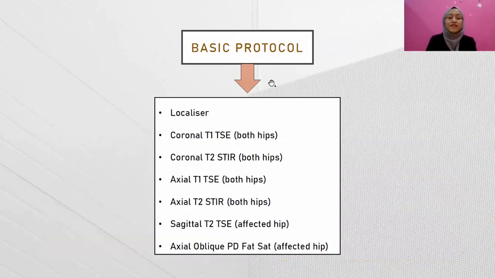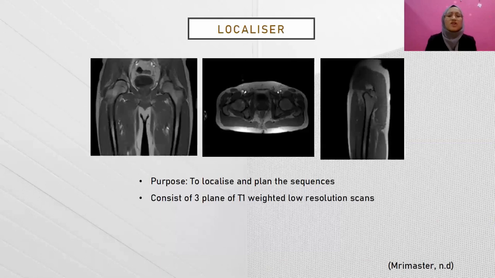There are 7 basic protocols for MRI hip, including the localizer. The localizer is done to localize and plan the sequence. It consists of 3 planes, which are the coronal, axial, and sagittal of T1 weighted low resolution scans. Why do we need to use T1 weighted?